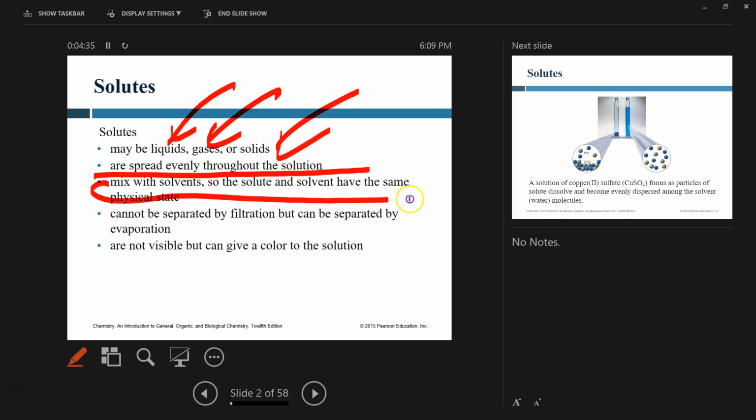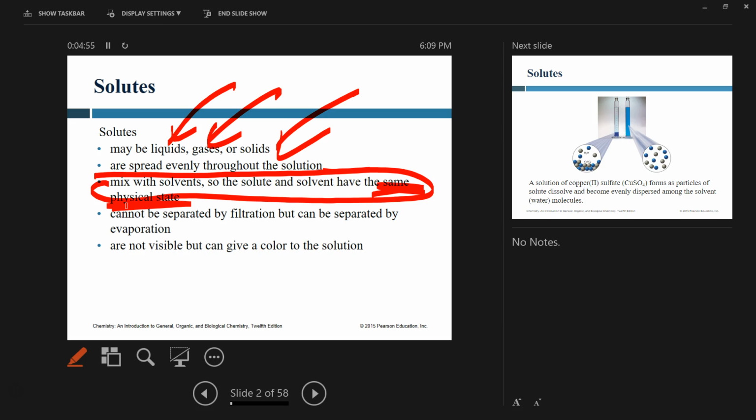What's important is that the solution has one physical state. If you look at salt, like sodium chloride or baking soda, they're solid, water is liquid.